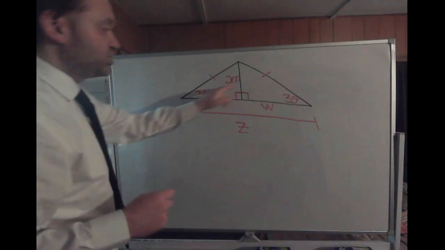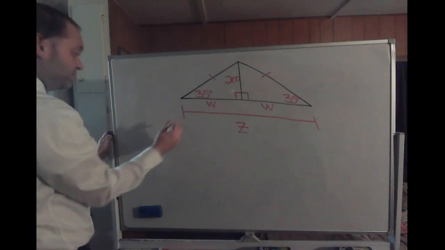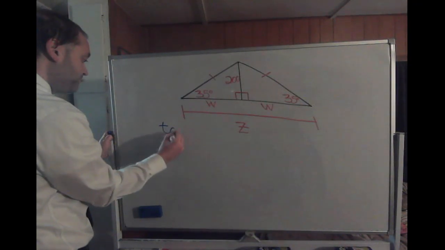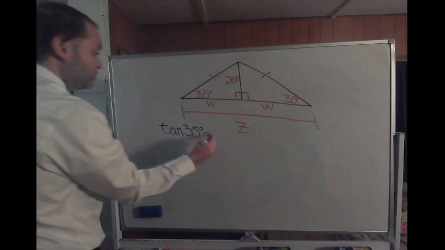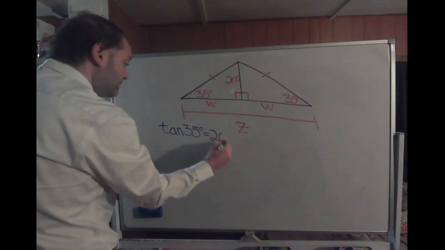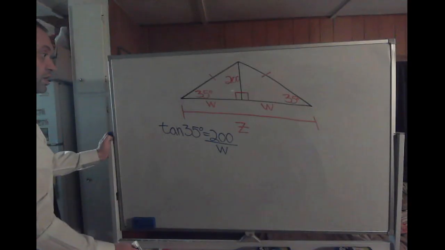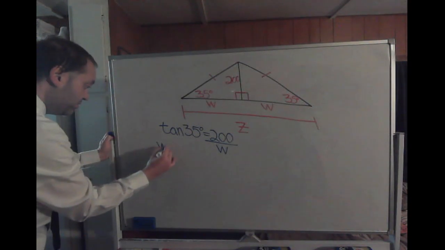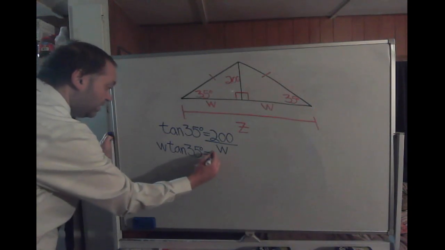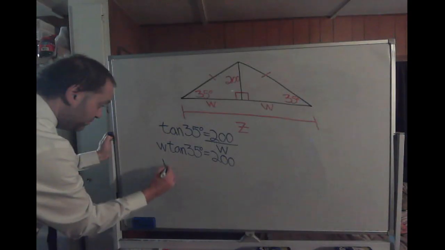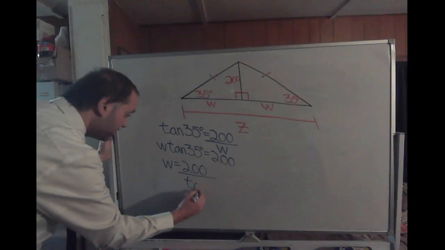Now take your pick for which W you want to solve for. Of course, we're going to set up our tangent of 35 degrees and solve for W. That's going to be equal to the opposite leg of 200 over your adjacent leg of W, which would then give you, of course, W times the tangent of 35 degrees is equal to 200, which then W would equal 200 divided by the tangent of 35 degrees.